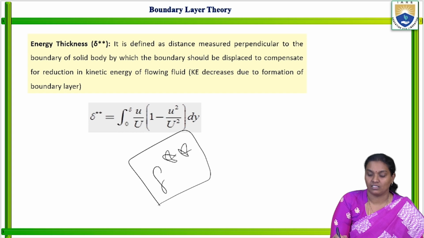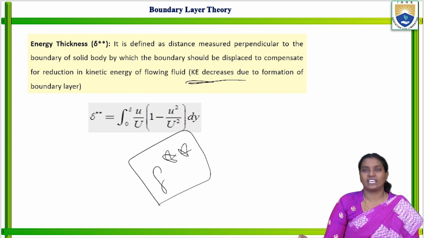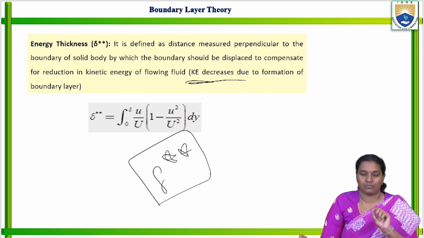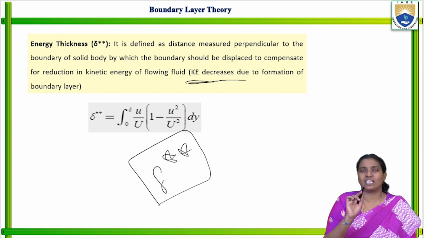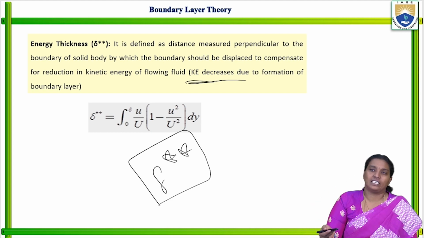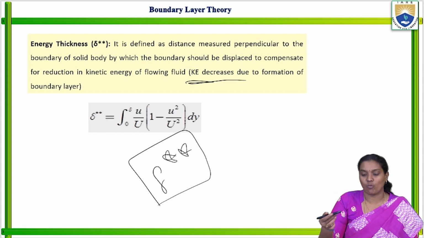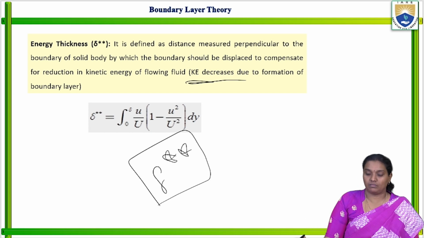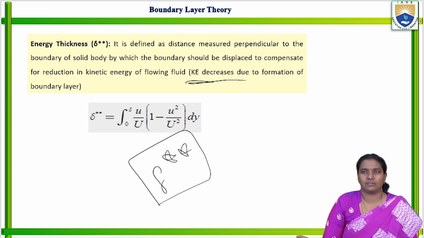So the kinetic energy decreases due to the formation of the boundary layer. Because of the formation of this boundary layer, kinetic energy decreases. We consider how much reduction happened in the kinetic energy of that flowing fluid.